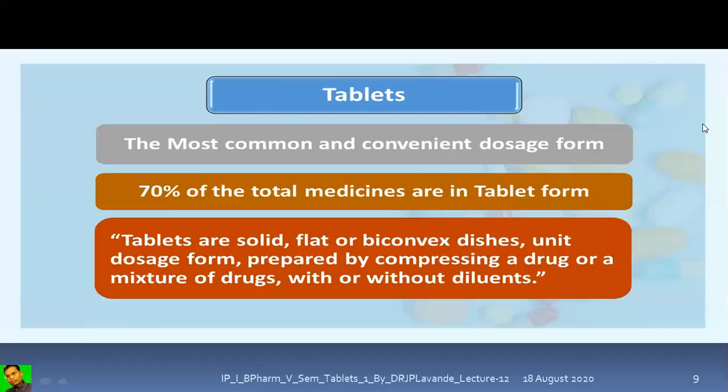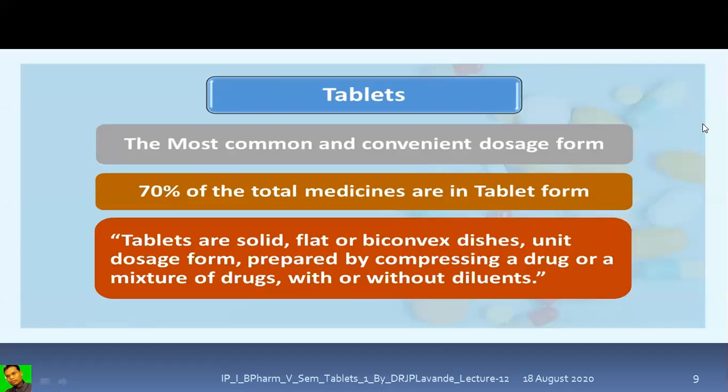So in order to define the tablet, we need to summarize all these things. So how to define the tablet? We can define the tablet in such a way that tablets are solid, flat or biconvex dish-shaped unit dosage forms prepared by compressing a drug or a mixture of drugs with or without diluents, isn't it?